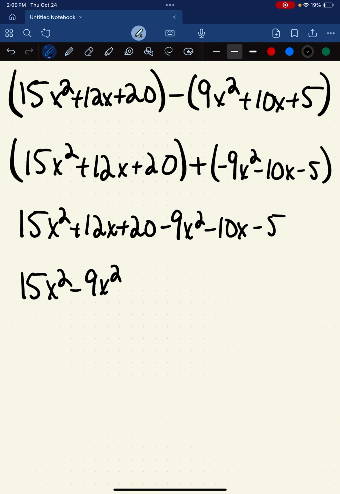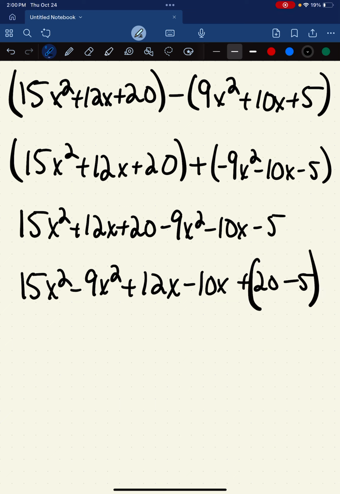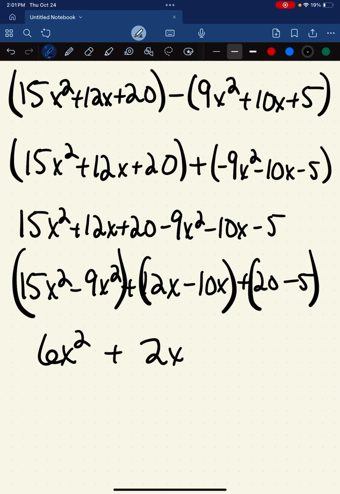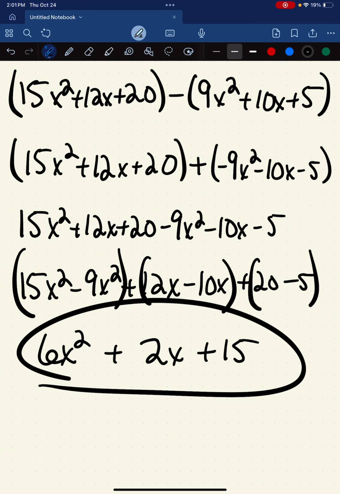We get 15x squared minus 9x squared plus 12x minus 10x plus 20 minus 5. Let's throw in the associativity property. 15x squared minus 9x squared is 6x squared. 12x minus 10x is 2x. And then 20 minus 5 is 15.